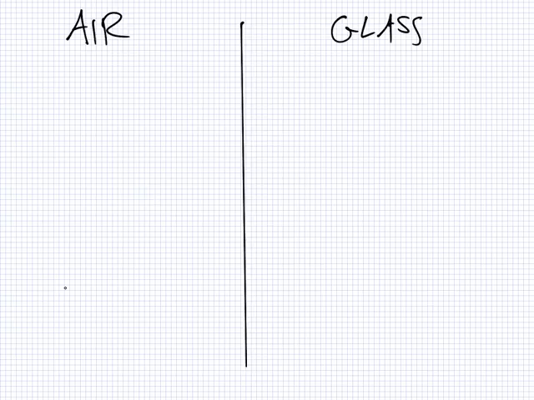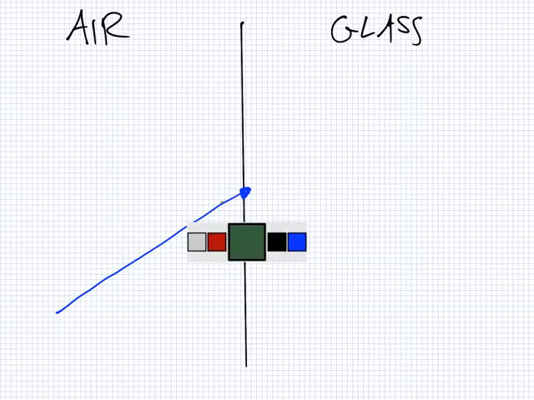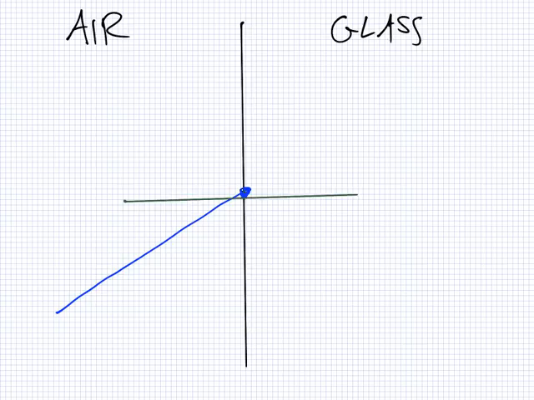So the light travels through the air, and let's say it hits the glass here, and I call this angle theta 1. Sorry, that is not theta 1. I should also say that we always measure angles not with the boundary, but with the line that's perpendicular, which is called the normal.